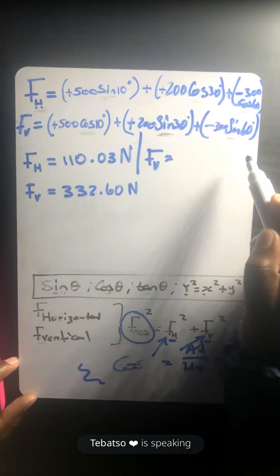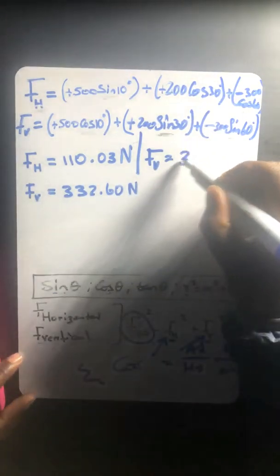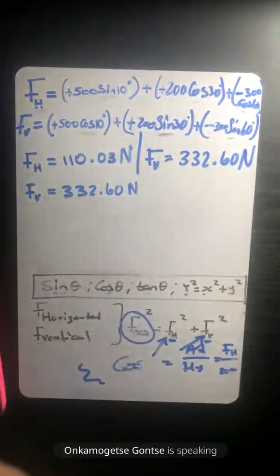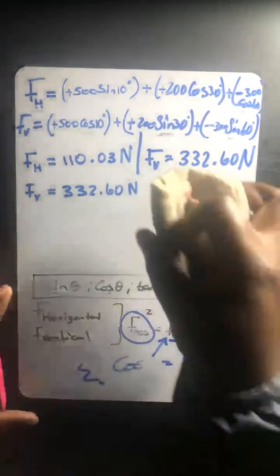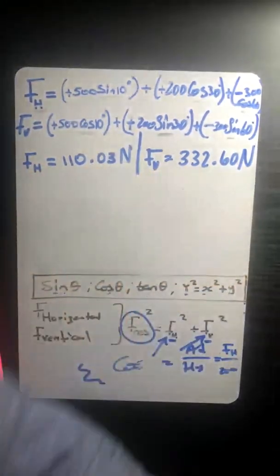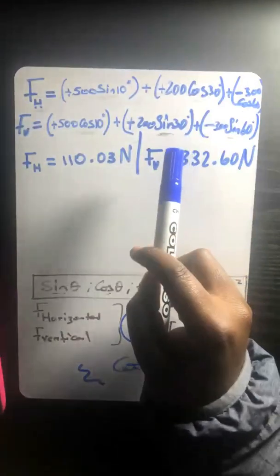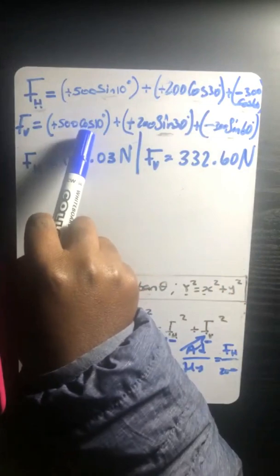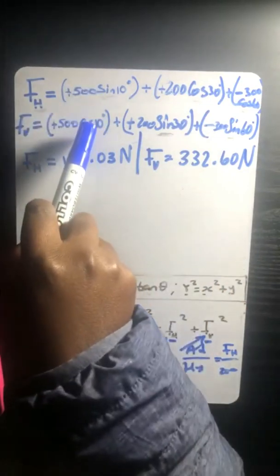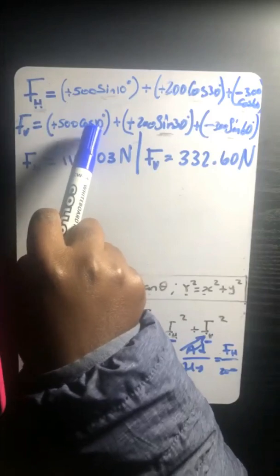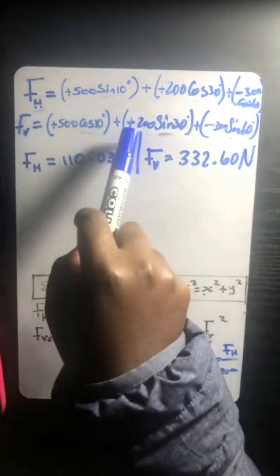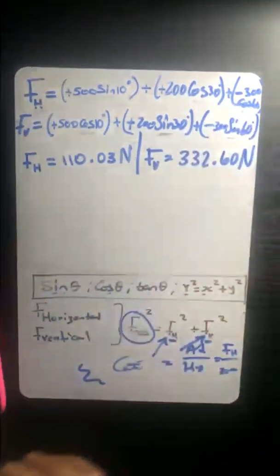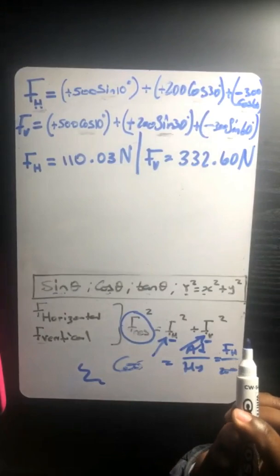Getting 332,60. So Shreya, you might have made a mistake somewhere. I'm not sure. Shreya, just make sure that you don't forget that minus, and again, as you punch all of this and you say cos, it opens a bracket, you must close it and close it again, because you close the first one for the angle and the second one for the whole of that. And then you also do the same there. When you get there, inside the brackets is negative, and also make sure the calculator is in degrees.